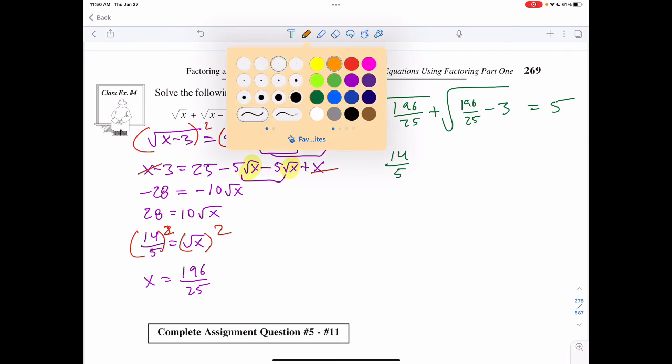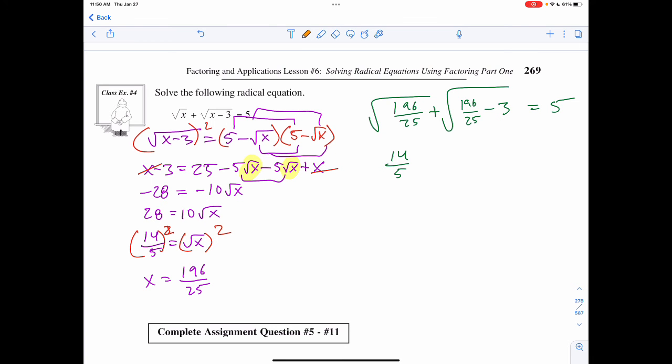On the part on the right, I could rewrite 3 as 75 over 25.